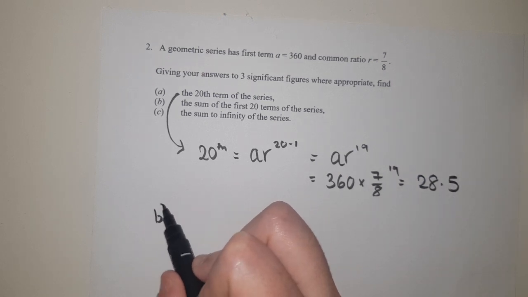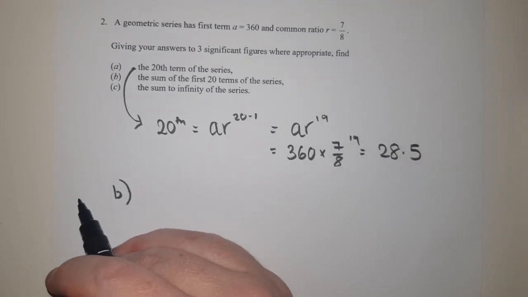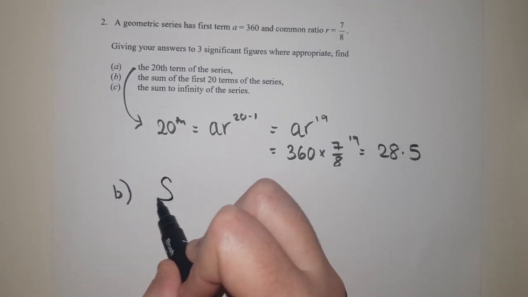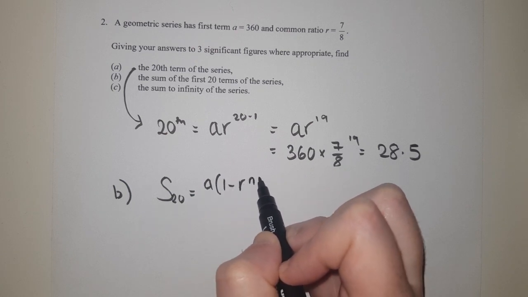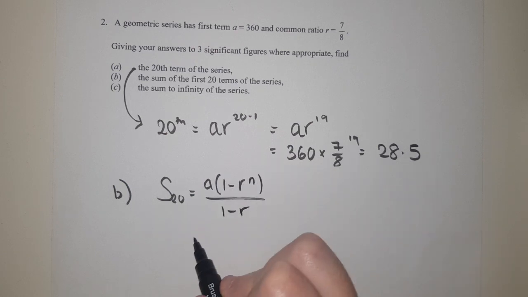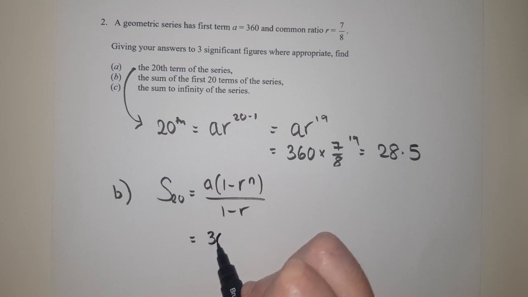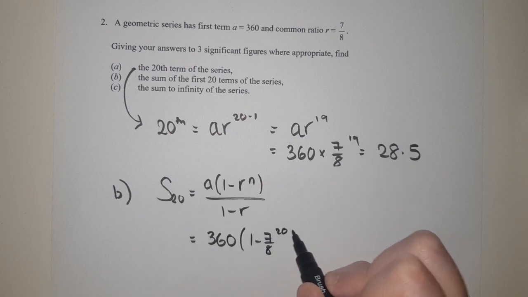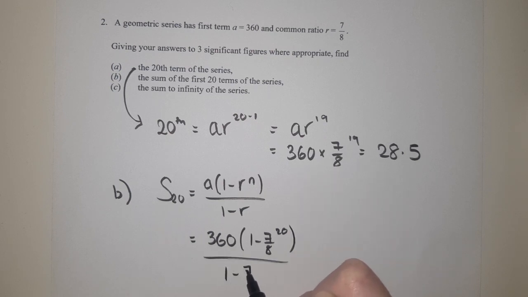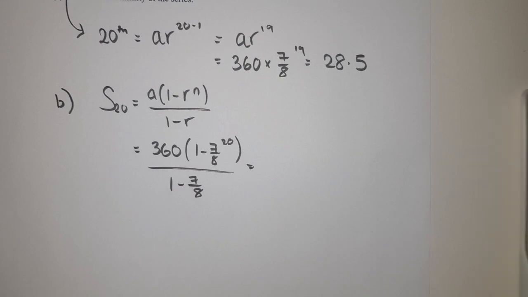We're then going to do part B, the sum of the first 20 terms. So that's our sum formula. The sum to 20 is a lots of 1 minus r to the n over 1 minus r. So I get 360 lots of 1 minus 7/8 to the power of 20 over 1 minus 7/8. Again, it's just something you type into the calculator.